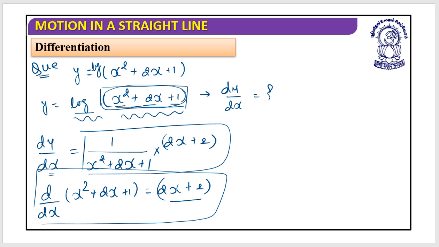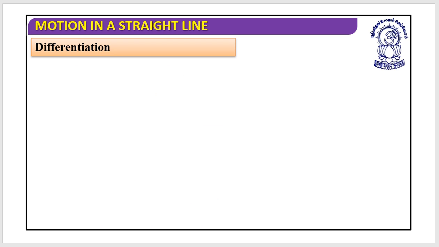So you have written just 1 by x, but x was the term which has been assumed. So I have written it as x square plus 2x plus 1 multiplied by the differentiation of the term which has been assumed. This is 2x plus 2. Yes, easy, very easy.